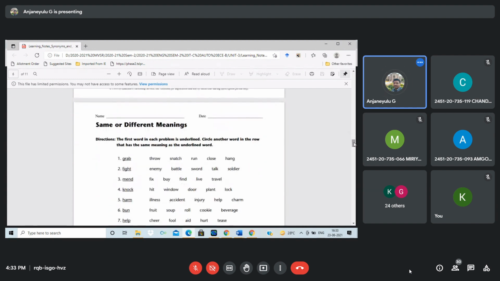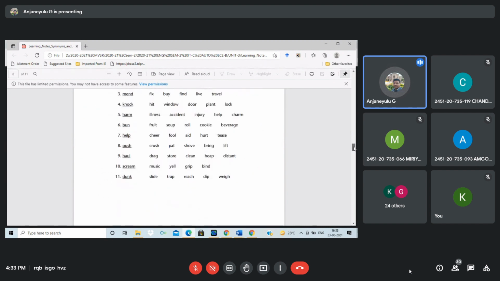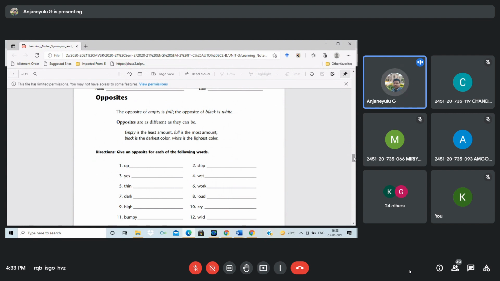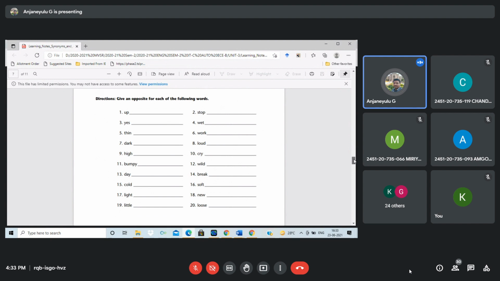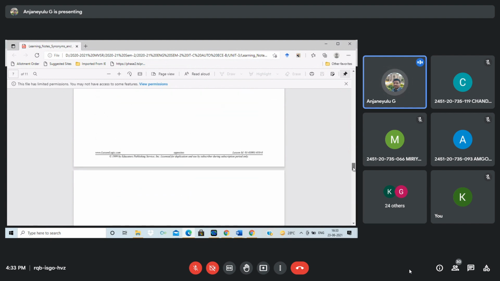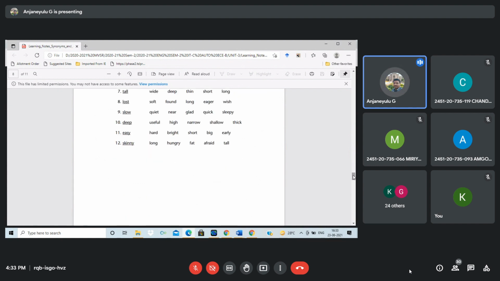These are different forms of exercises in synonyms and antonyms. You try to do them and find the exact synonyms and antonyms. Okay, dear students, if you do this, then you can improve your word power.